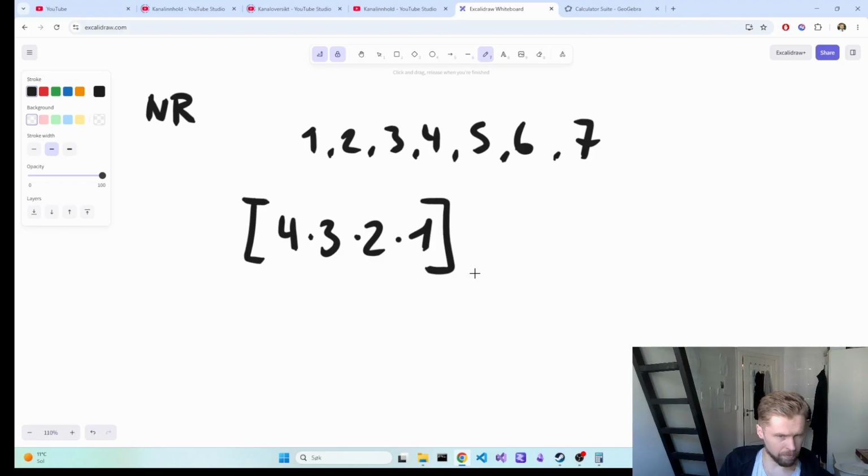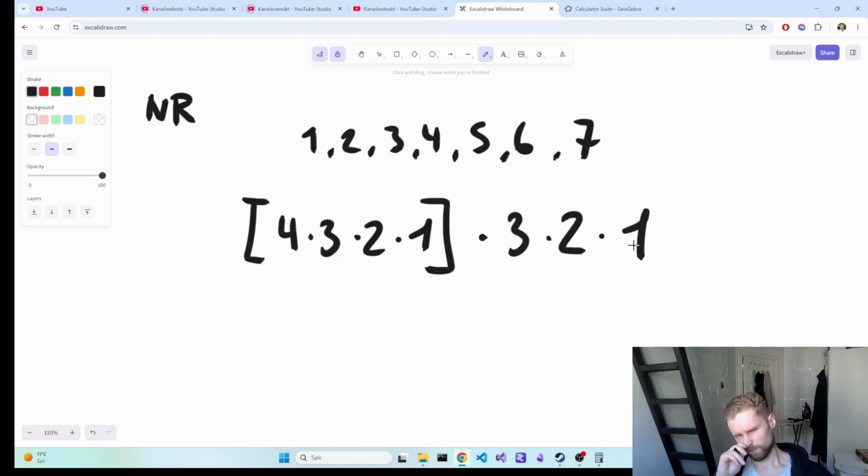And then I've got 3 more digits, so at the end it's going to be 3 times 2 times 1, which is fine. But then how many shuffles does this get? Because it can be here. I can move it once, I can move it twice, I can move it 3 times. So that's basically this times 3.